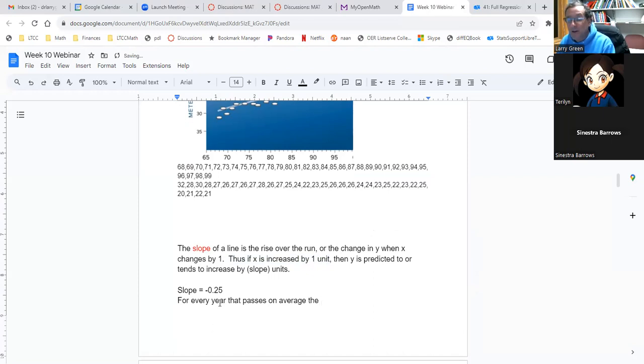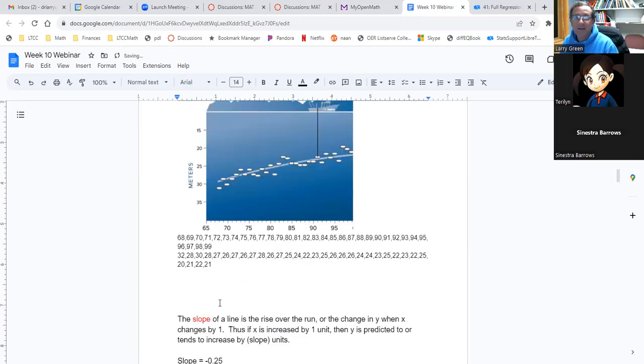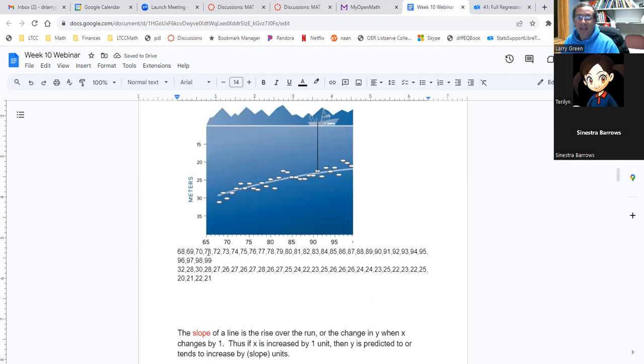Y is the lake clarity in meters. Do you see that? That's the y-axis.